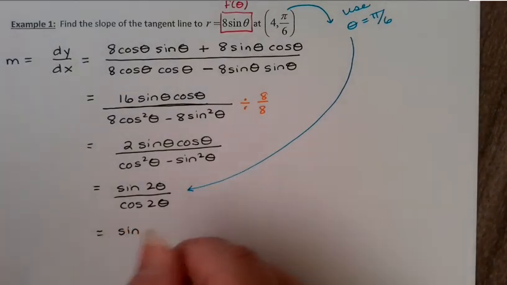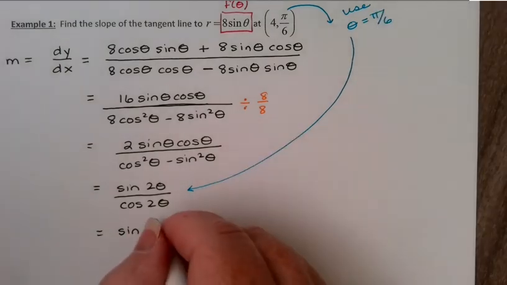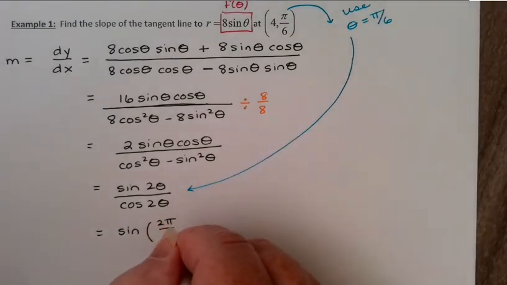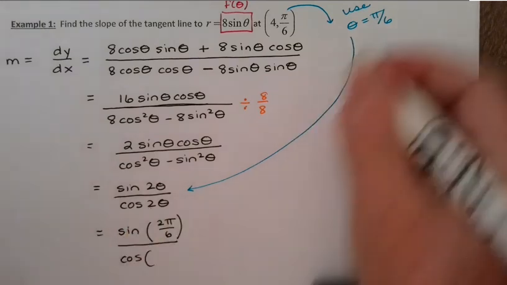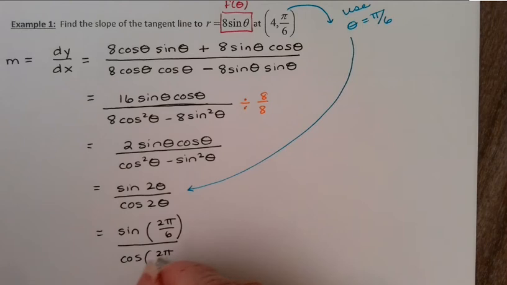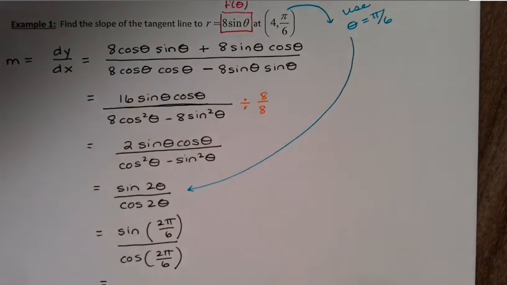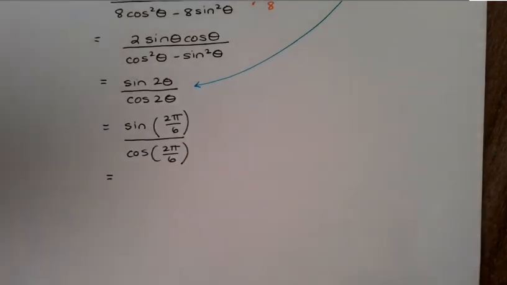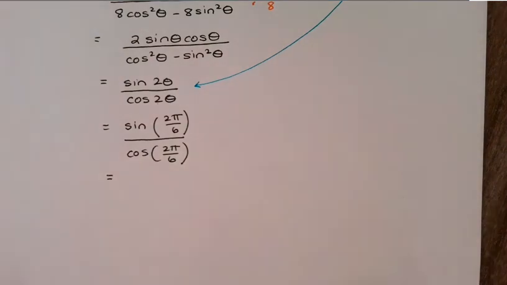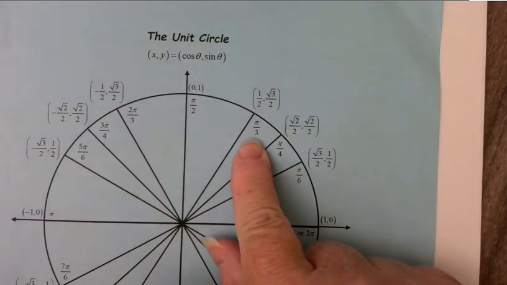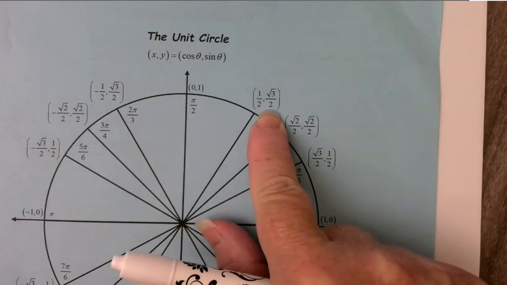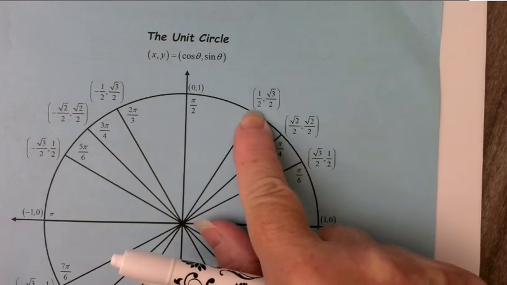So I'd have the sine of 2 pi over 6 over the cosine of 2 pi over 6. Two pi over 6 is pi over 3. And for pi over 3, sine is square root 3 over 2, and cosine is 1/2.